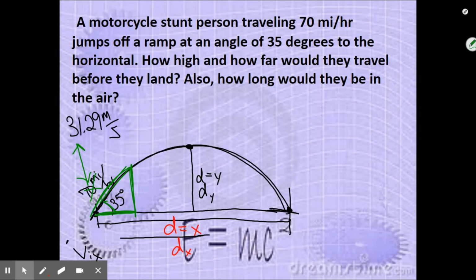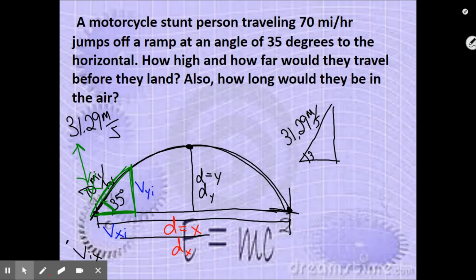We've got an angle, so now we can solve for the x initial and the y initial. And we're going to use sine, cosine, tangent. So I'm going to bring that over here just to make it a little bit easier to see. So this is 31.29 meters per second.